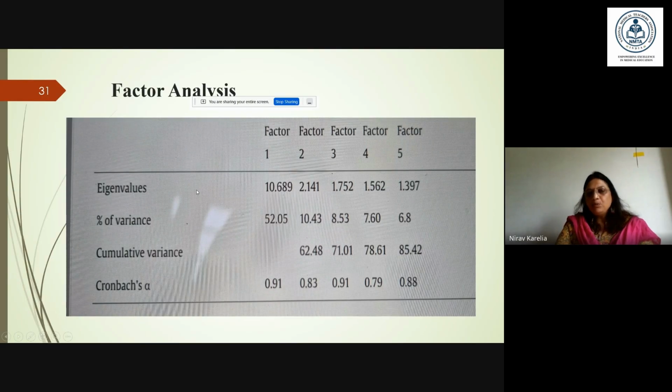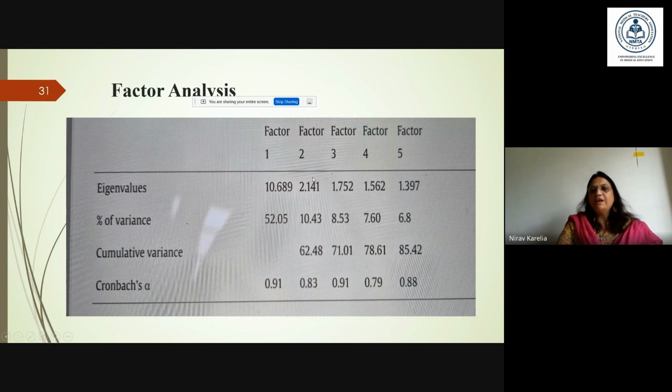But what is its importance in factor analysis? It represents the amount of variance in the observed factor 1 which is explained by the other factors. In short, if an eigenvalue is more than 1, you can consider it significant. So I think all factors here have an eigenvalue more than 1.